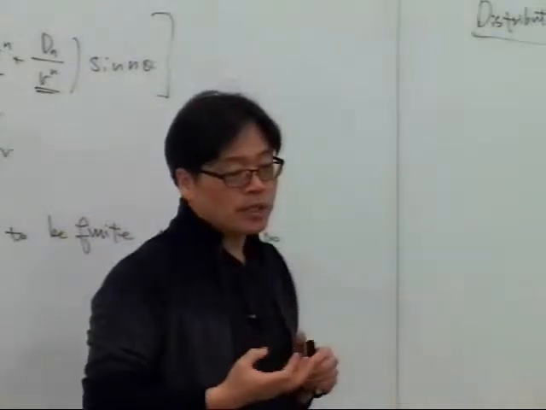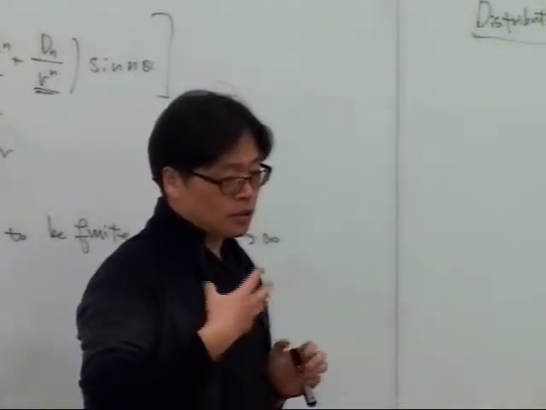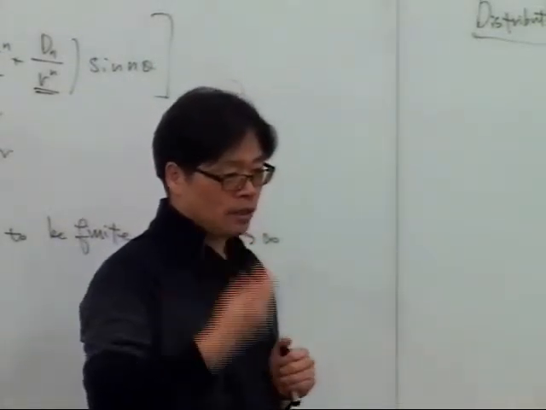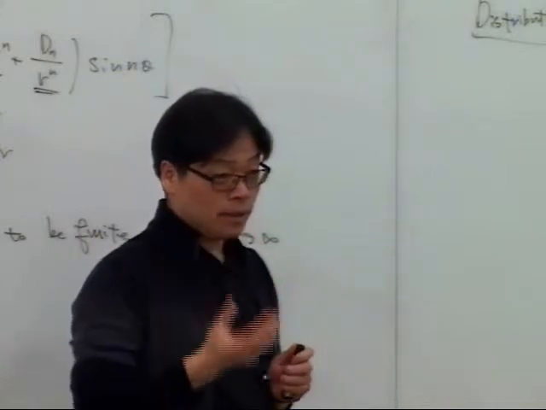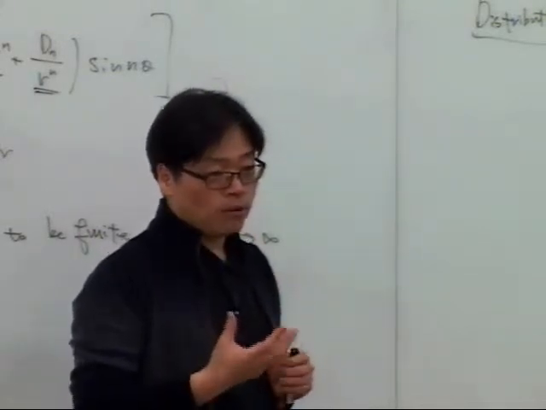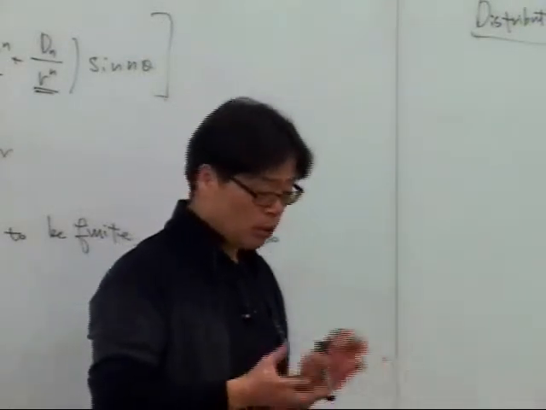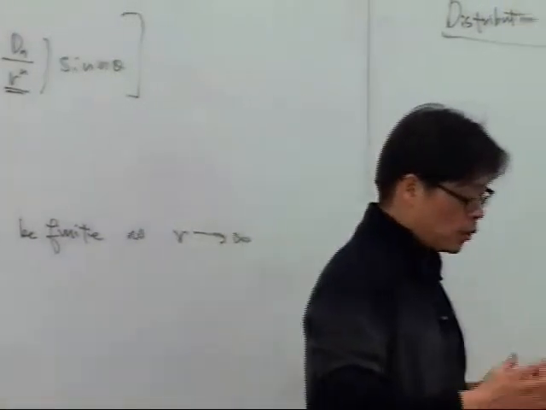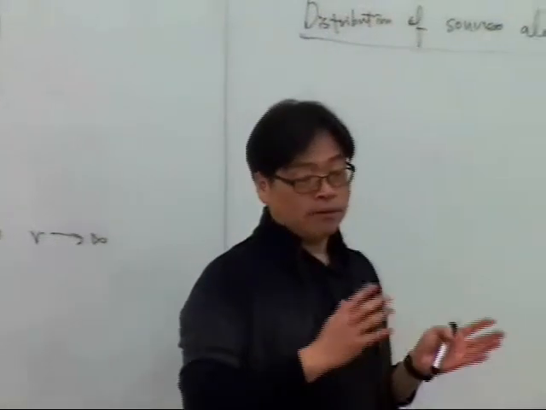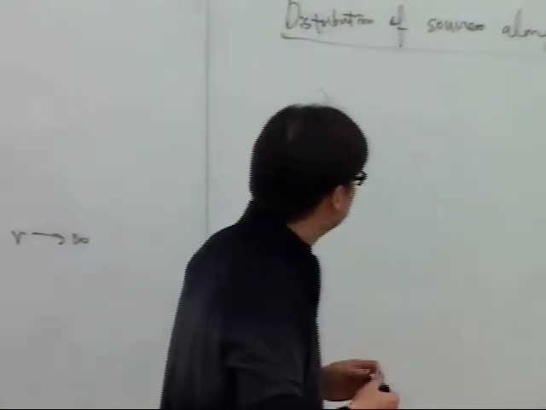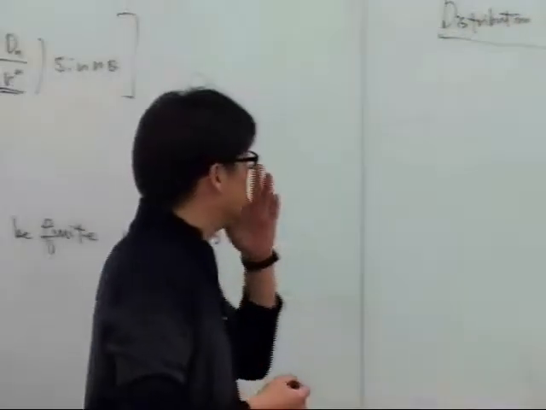So when I say source, I'm not just referring to a source with a positive volume flux. It can be a negative volume flux. It has the same form. The only difference between source and sink is the sign of the flux.